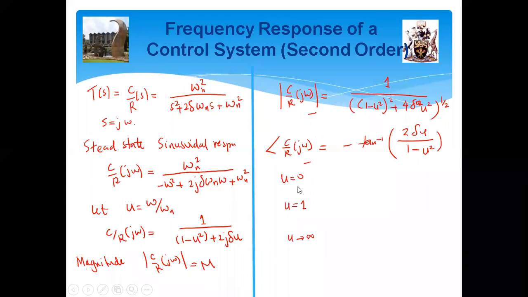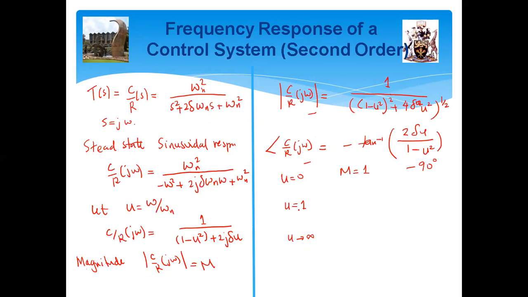If u is 0, here we have 1 squared, and this one will vanish, so we just have 1 over 1. So obviously our magnitude M is 1. And our phase, if u is 0, means the whole of this goes to 0. So tan inverse of 0 is 90, but there is a negative, so this is minus 90.